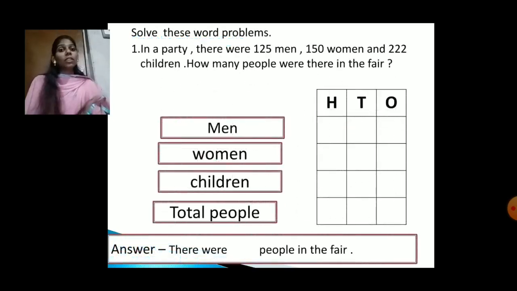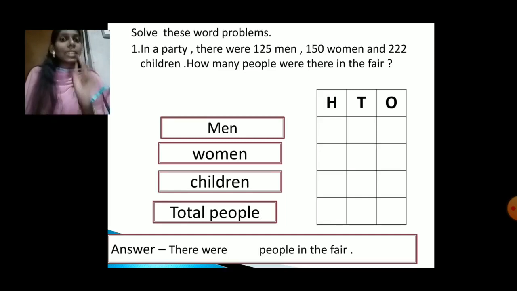Now we will solve the word problems. But before solving the word problems, you have to tell me the 3 steps. I already told you, whenever you solve a word problem, remember the steps. Using these 3 steps, you can easily solve word problems.